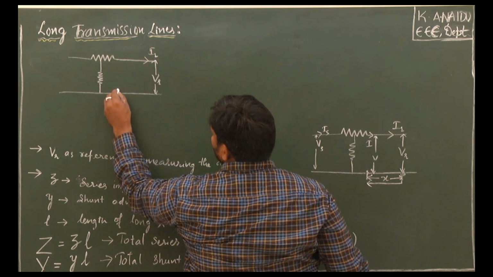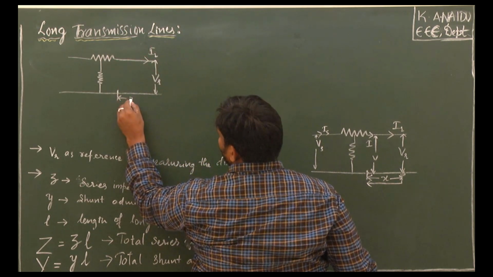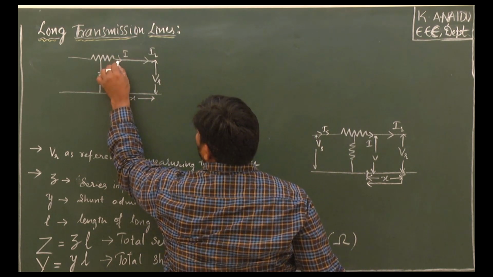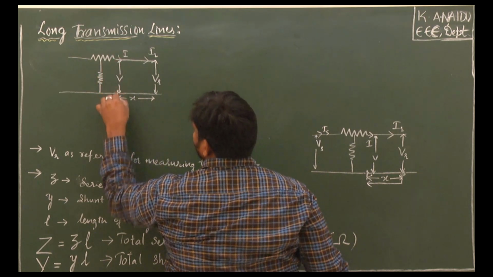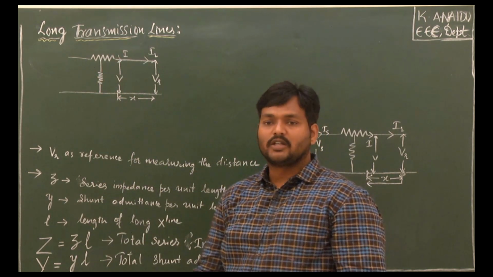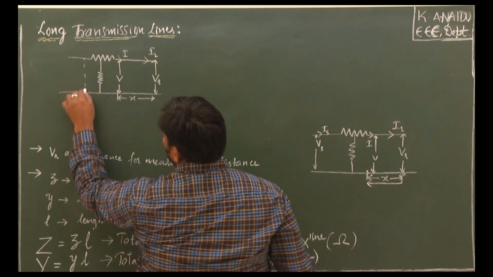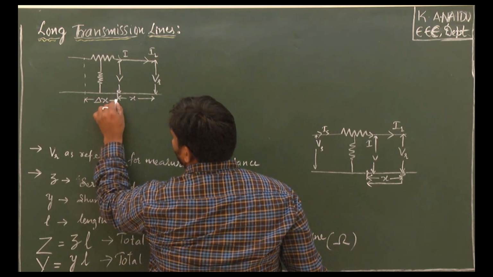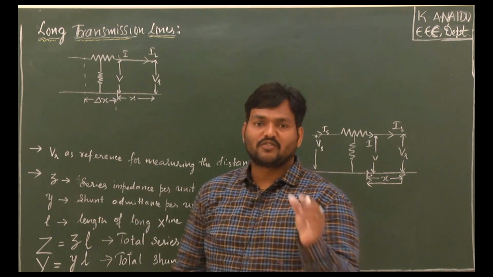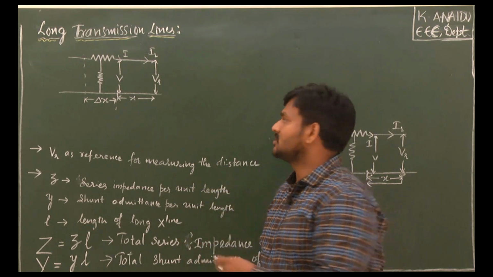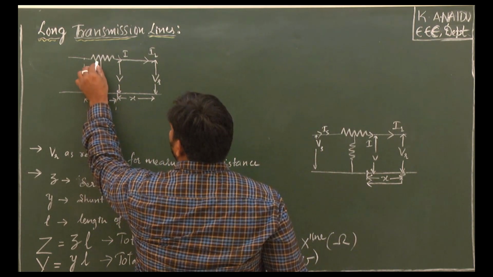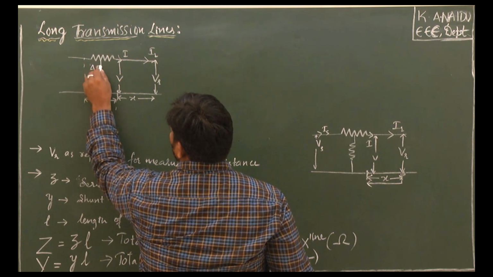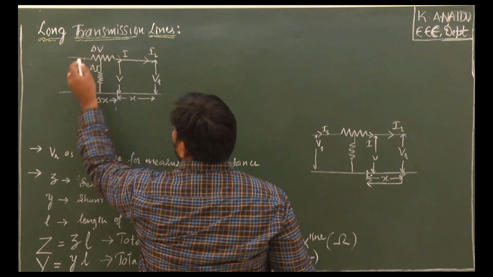At a distance x from the receiving end, let the current be I and the voltage be V. Let us assume a small differential element of the transmission line, which is having a small differential length delta x. Now the current through this small element is delta I, and the voltage of this element is delta V.